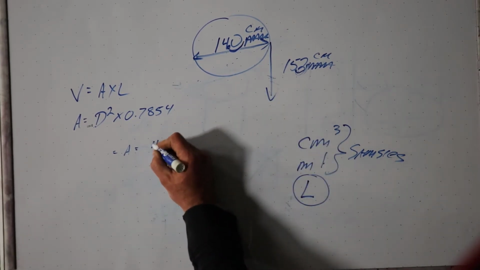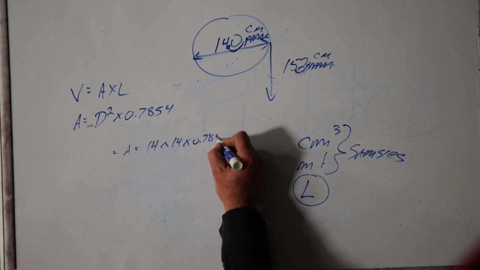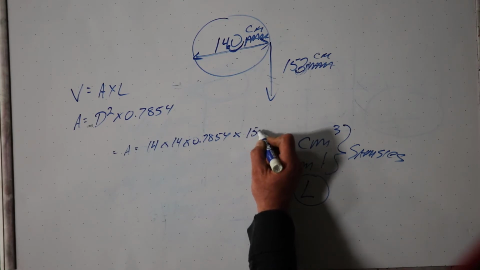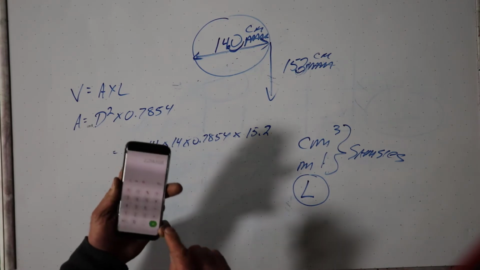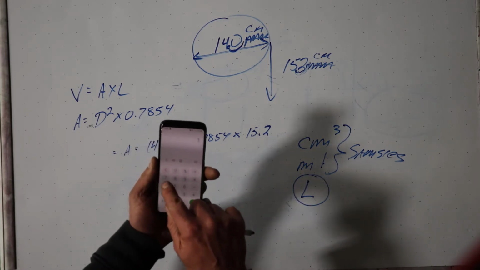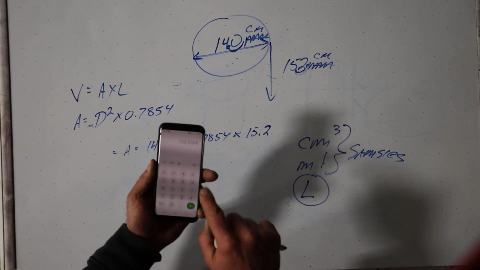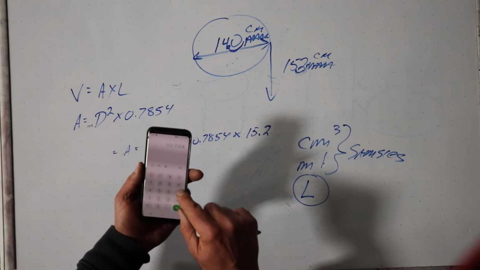Now it's 14 times 14 times 0.7854 times 15.2. 14 times 14 times 0.7854. That's the area of the piston, 154 centimeters squared.